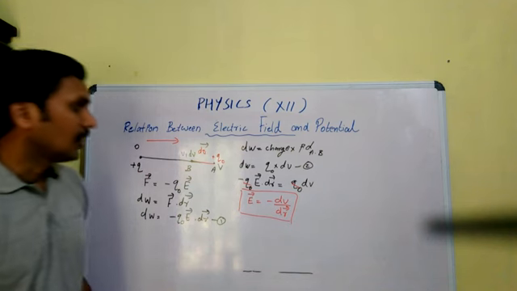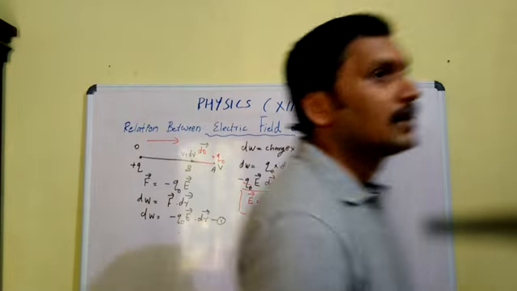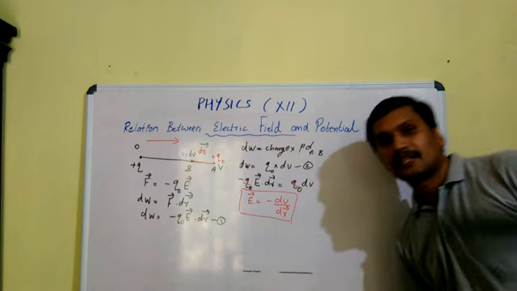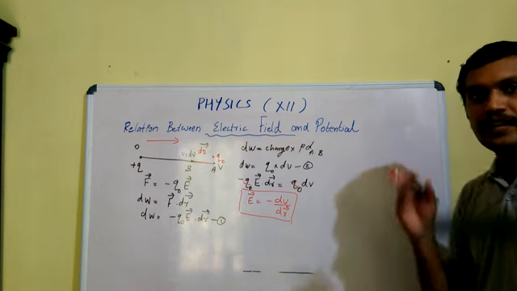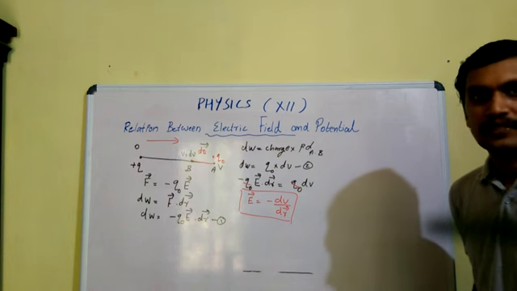Now let us see how you can find the potential if the electric field at a point is given. How can you find the potential if the electric field due to a point is known?